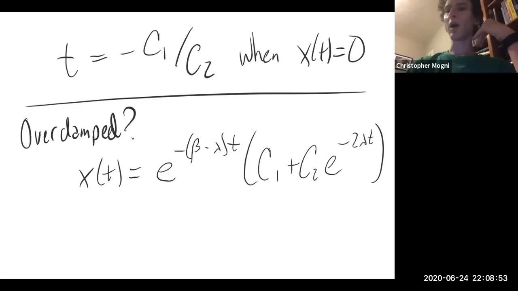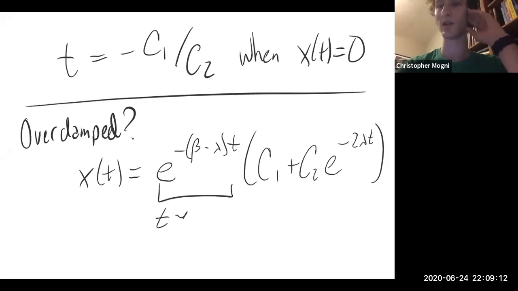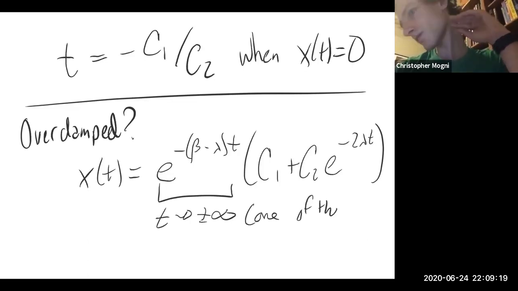Figuring out which t we get a 0 for x is exactly the same work as we did before. This exponential bit, depending on the relative sign between beta and lambda, is going to be 0 as t goes to plus or minus infinity, one of them.